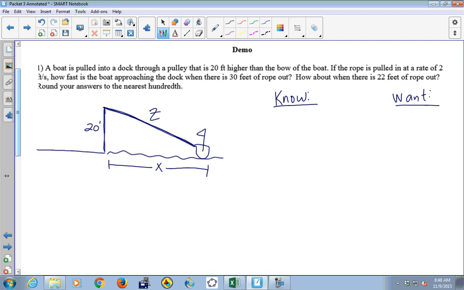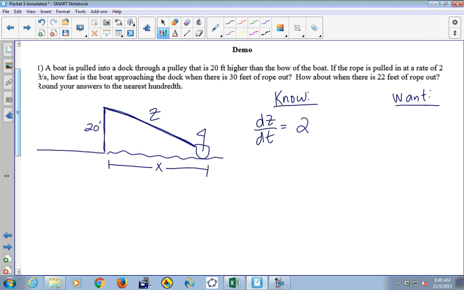It's not x, because I labeled that as another distance. So that 2 feet per second, that's a change in distance over change in time. So I know dz/dt is 2 feet per second.